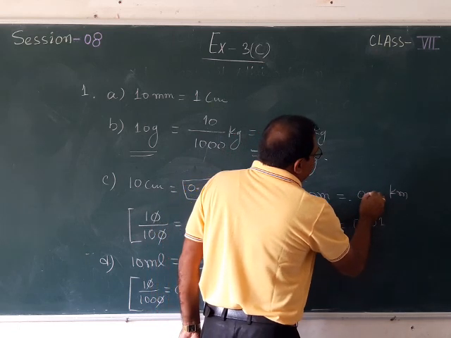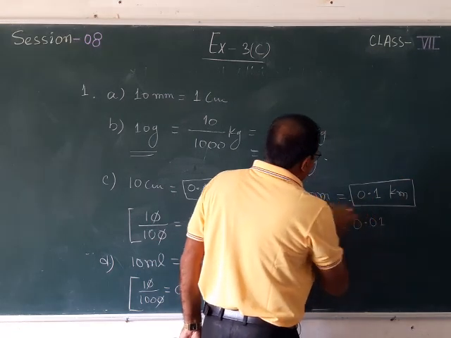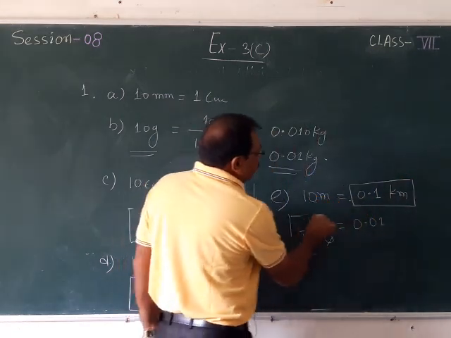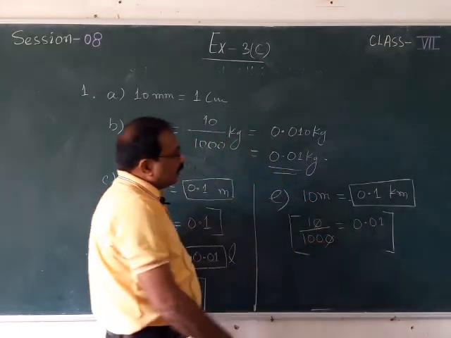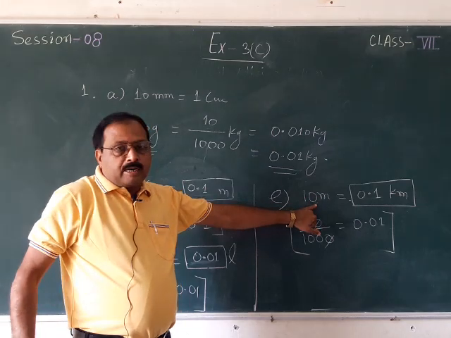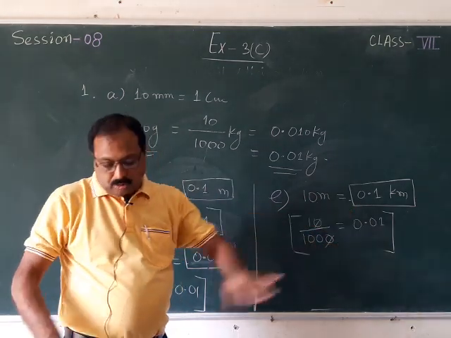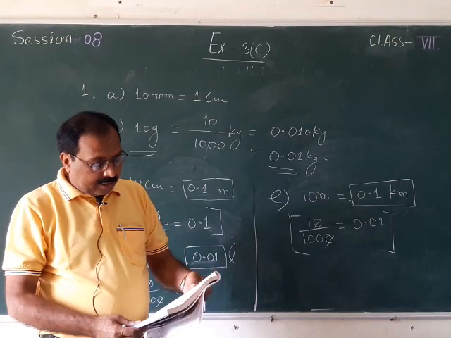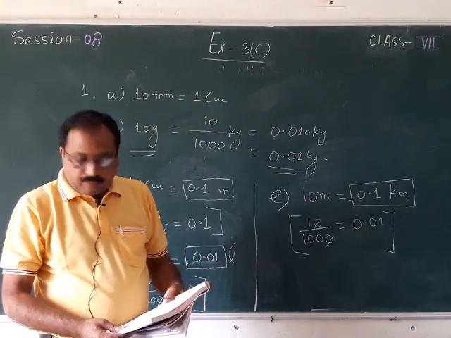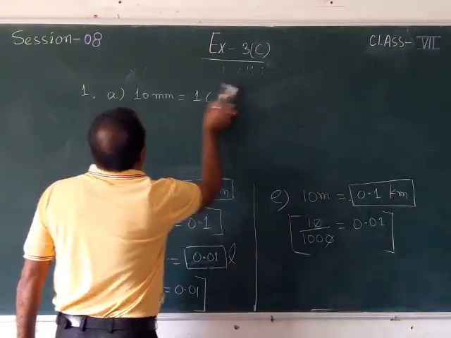So you write 0.01 kilometer. The working I have shown below. You divide meter by 1000 to change into kilometer. These are the relations of units you can use.